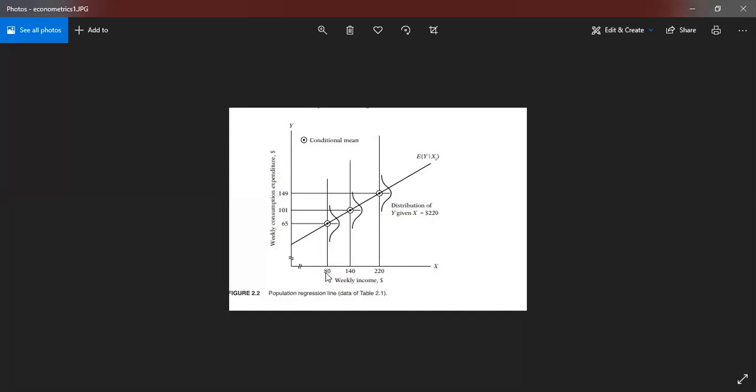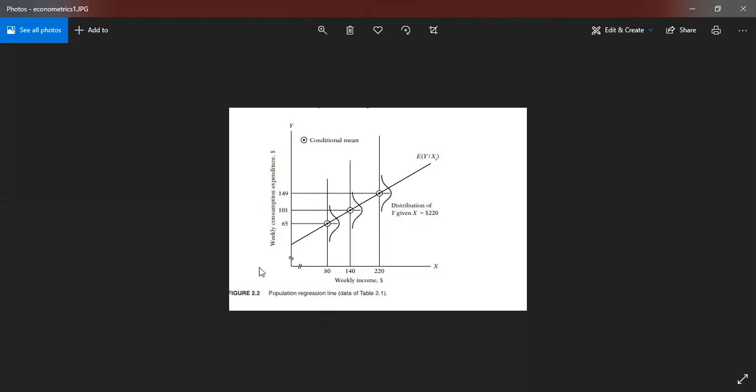And for one income level 80, how many values of Y are here? Many values of Y. In our example, I guess there was 5. For income 80, there were 5 families with 5 different weekly consumption expenditure. You remember that? For one value of X, there were 5 different values of Y. There were 5 families, and their consumption level were different for each family.